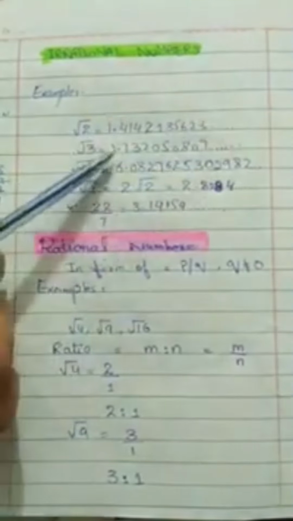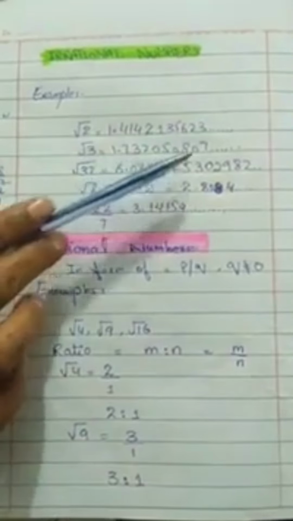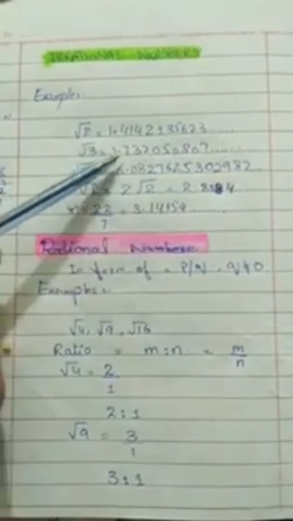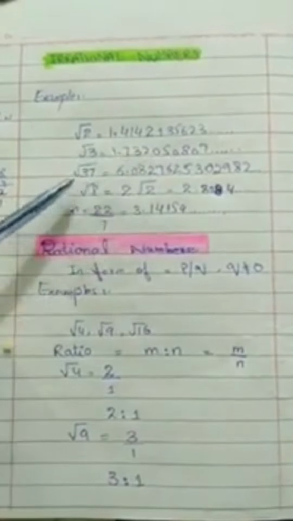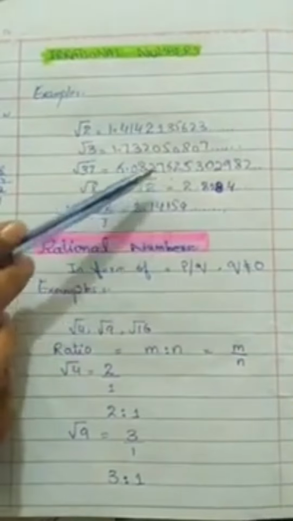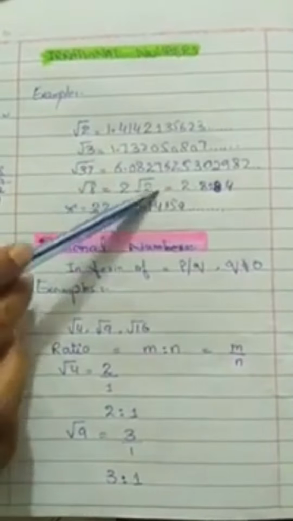Under root 3 equals 1.7320500870 and so on. This is also an infinite value and not written in the form p by q. Under root 37 is also infinite and not written in the form p by q. Under root 8 equals 2 under root 2.